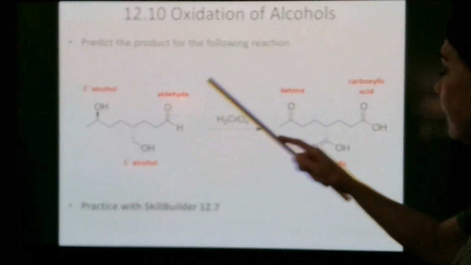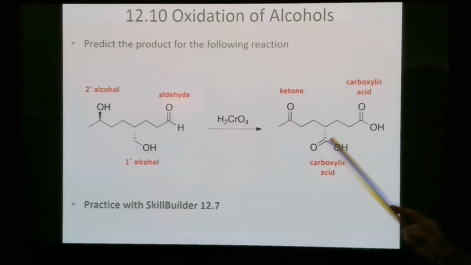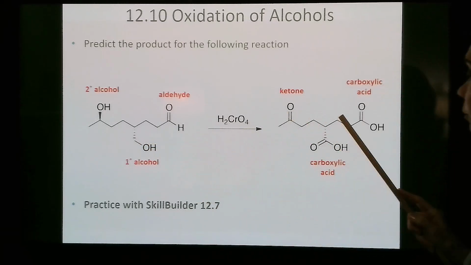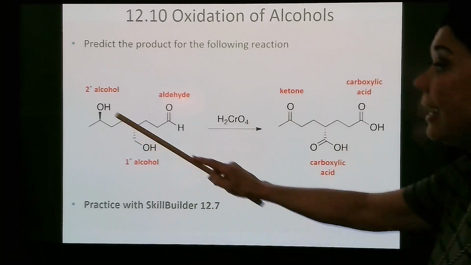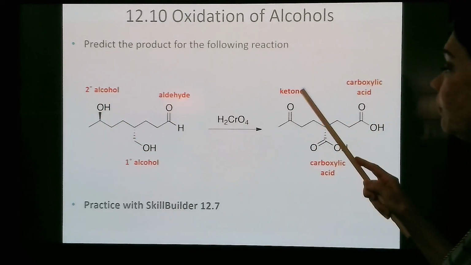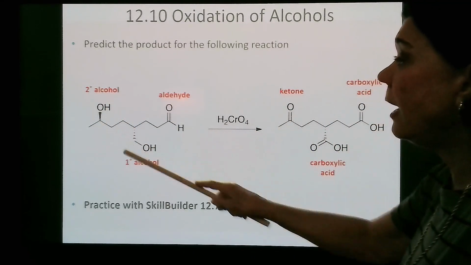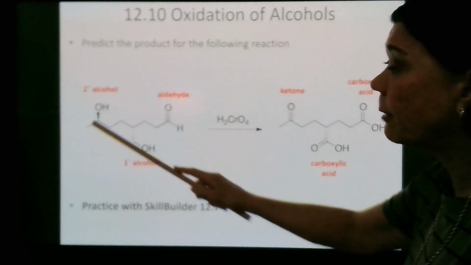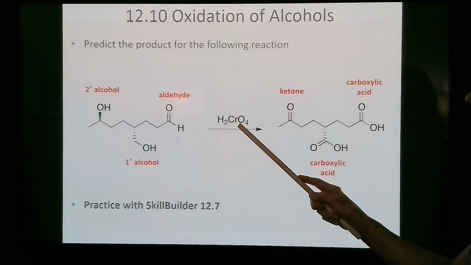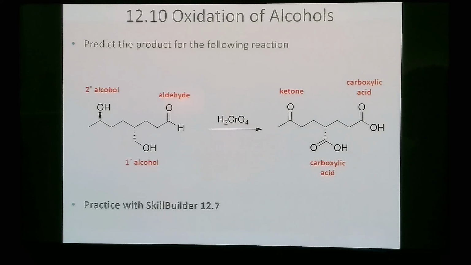So the aldehyde will be converted to a carboxylic acid. The primary alcohol will be converted to a carboxylic acid. And the secondary alcohol will be converted to a ketone. You won't be able to convert this to a carboxylic acid because carbon-carbon bonds aren't broken using chromic acid.